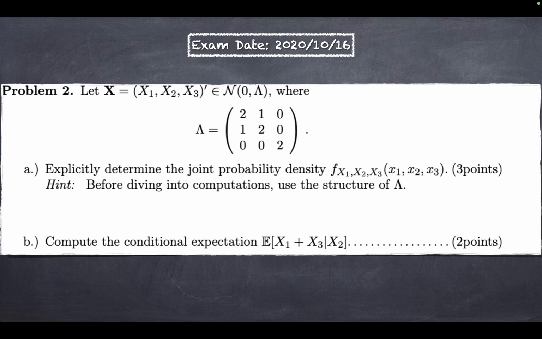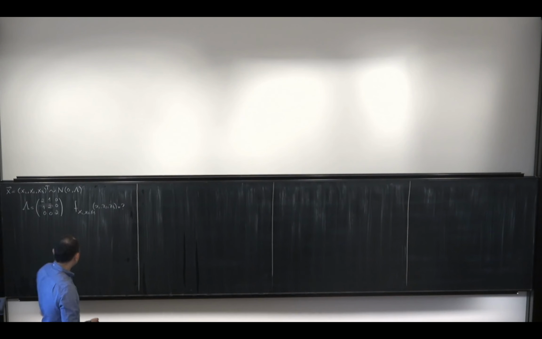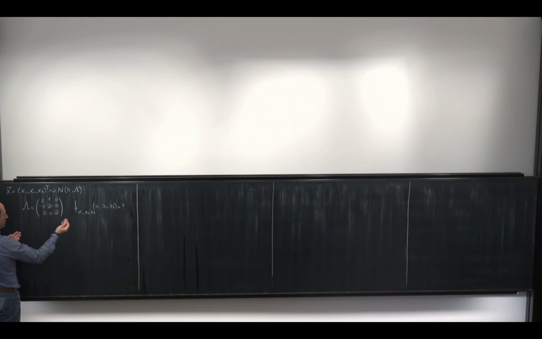Yes, I think I can pause a little bit here. Okay, so the first one we want to calculate. You see that they have given you a hint. I don't think it should be extremely hard even if you don't recognize the hint, but this is a block diagonal lambda.